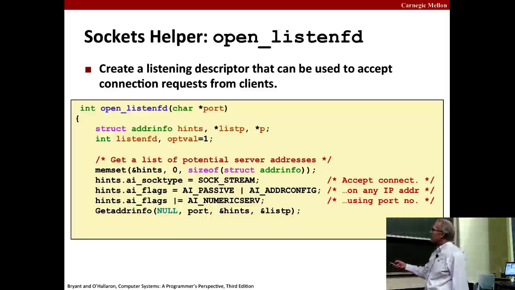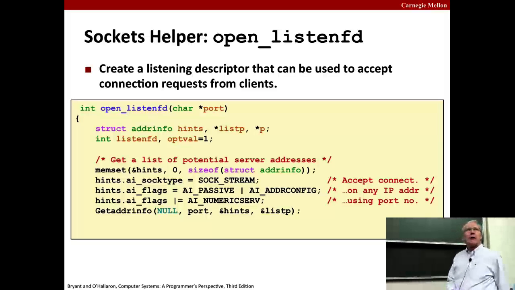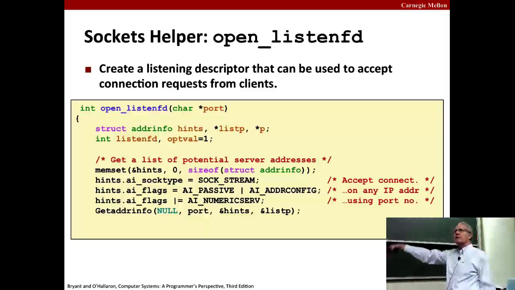So I'm going to say this time again I want a TCP connection, a SOCK_STREAM. I want it to be listening for any IP address connection coming in. So it's passive, meaning it's not actively reaching out, it's passively waiting for connection requests.